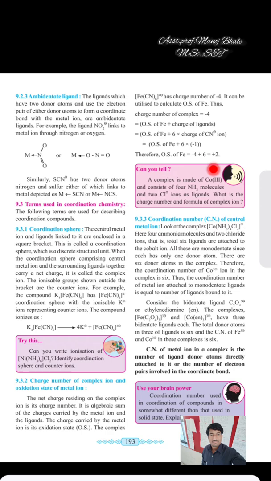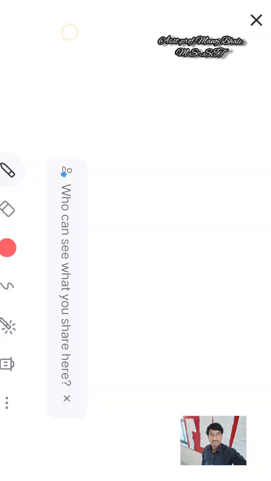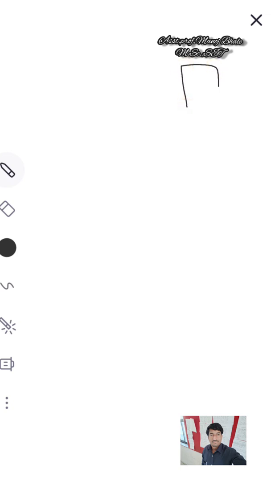In the determination of the oxidation state, I am sharing the whiteboard. So let's try one example. I am writing the example in square bracket, using another type of example.